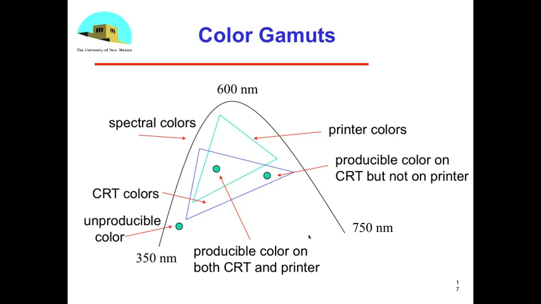If I take something like a CRT, the blue triangle here is the CRT, and this is a very linear model. So if I just map pure red, pure green, pure blue, I can make a little triangle here and say everything else I can produce on my CRT has to fall inside that. And notice that this triangle falls inside of this arc, which says there are colors I can't produce. I can't get things out here.